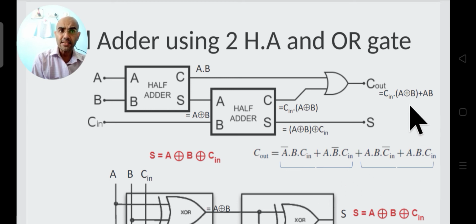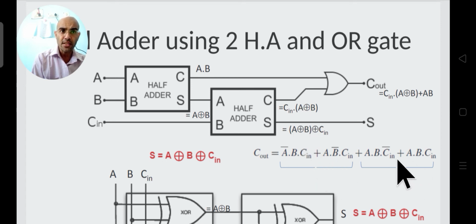Why is it the same? You can easily verify it, because if we take C in common from these two terms, then it will become (A XOR B) dot C. So this is what we are getting.